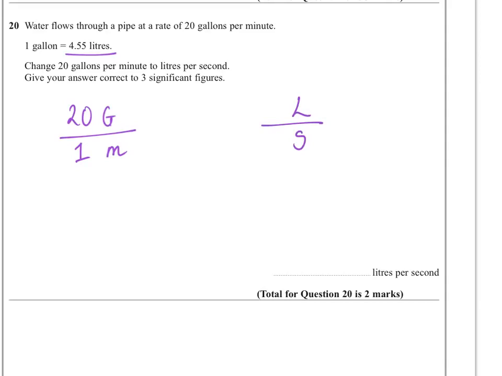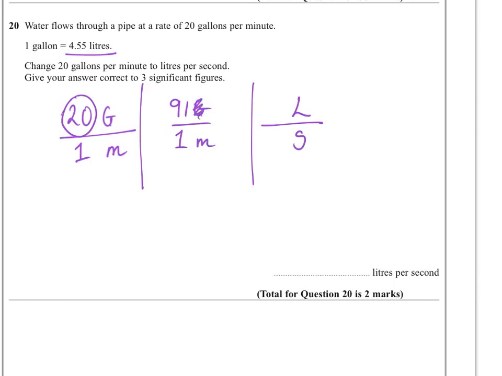Okay? Well, first of all, there's going to be an intermediate step here. So 20 gallons, we can do 20 times 4.55, and you can use your calculator for that or not, it's up to you. So 20 times 4.55, that would be 91 litres in 1 minute.